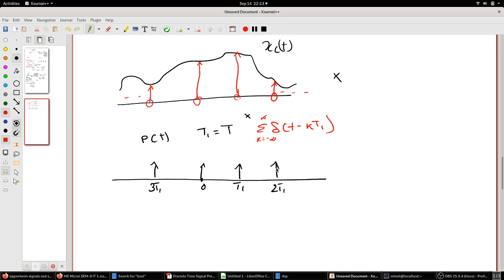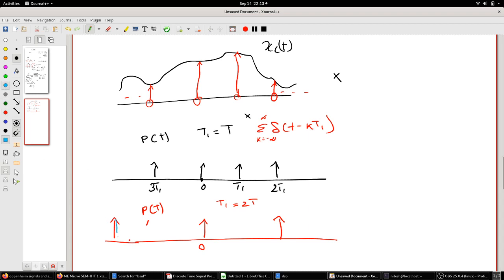Now if I change my sampling period to a new t1, which is 2t, what am I going to get is an impulse here, the second impulse is going to be here, and the third impulse is going to be here. Let me change the color.